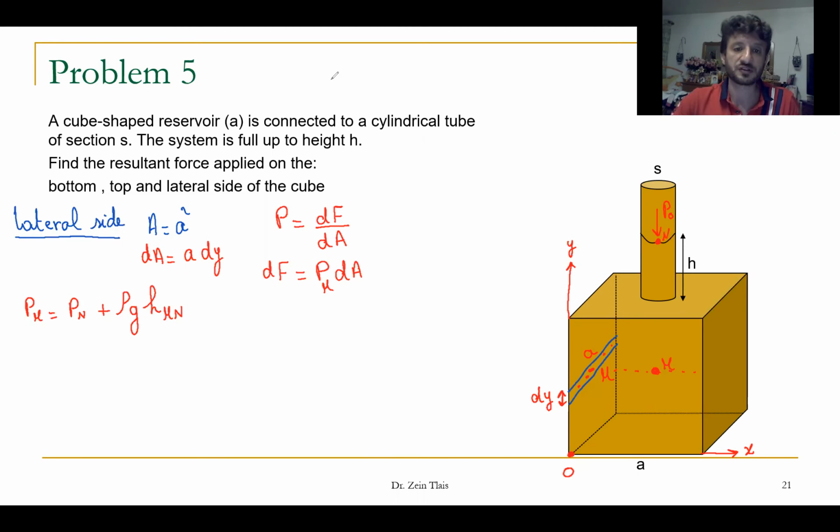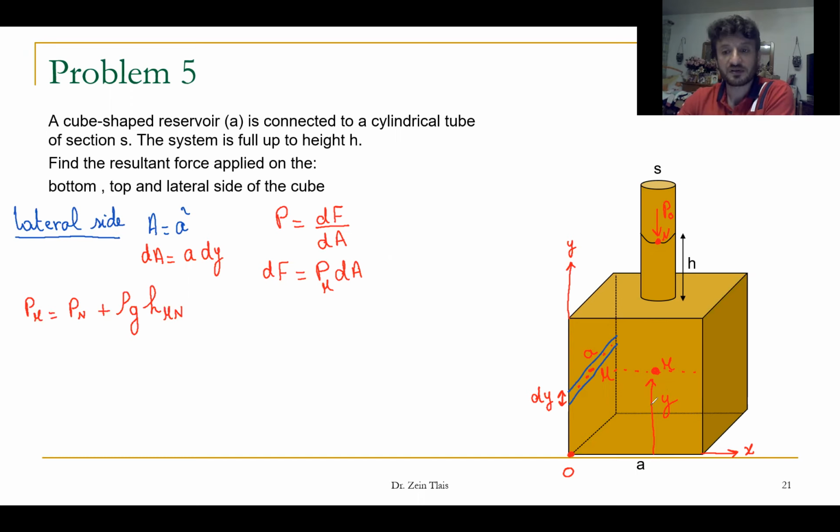So in general, the distance between this point and this point is Y. The distance between M and N equals a plus h minus Y.